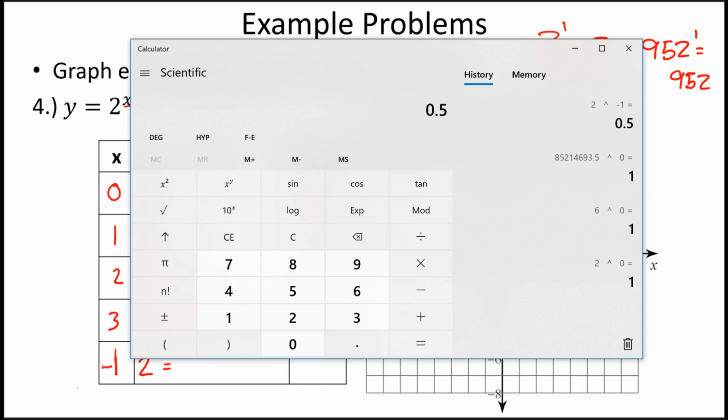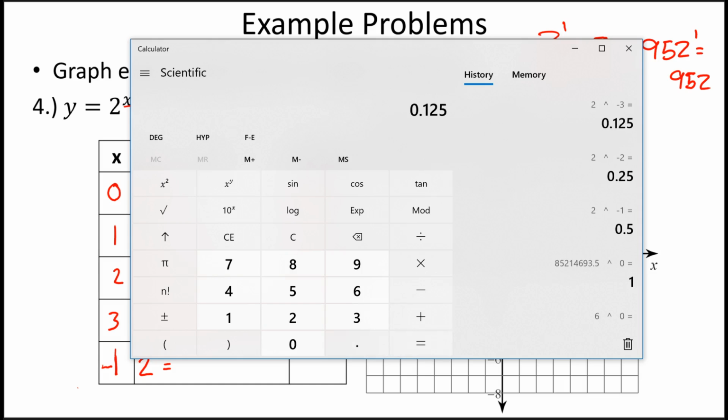We start getting decimals. If I was to do 2 to this negative 2, I keep getting smaller and smaller decimals. 2 to negative 3, let's see, there we go. Again, even smaller.